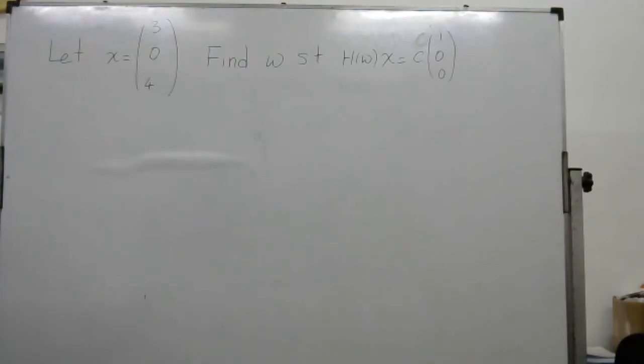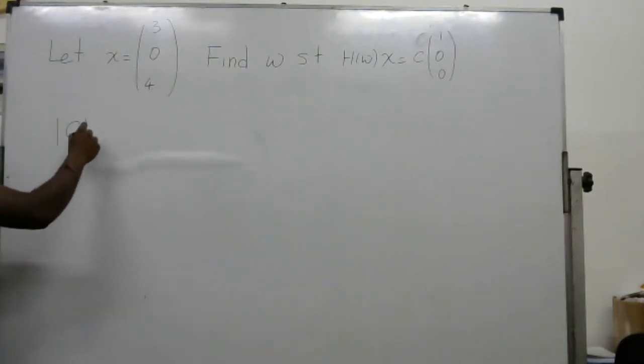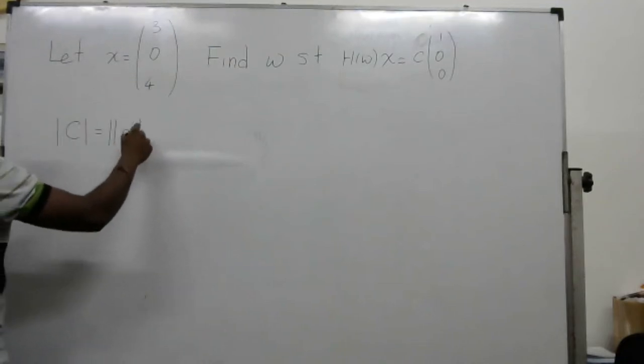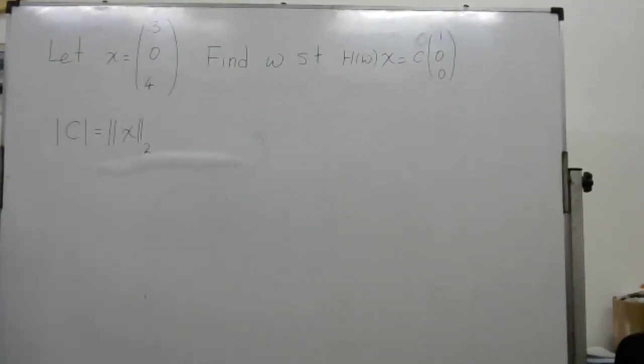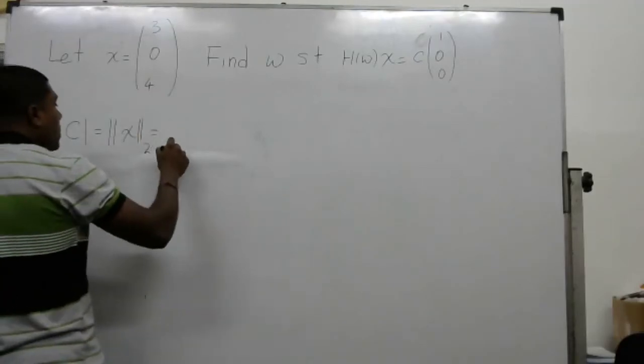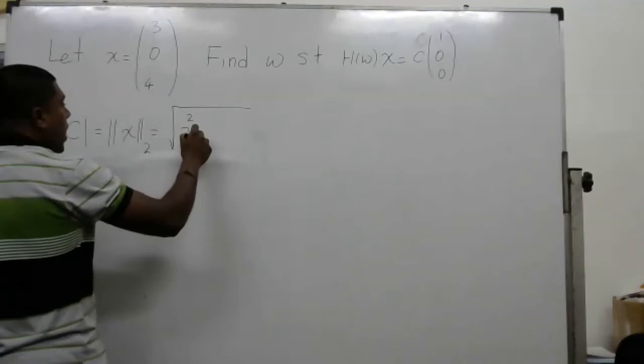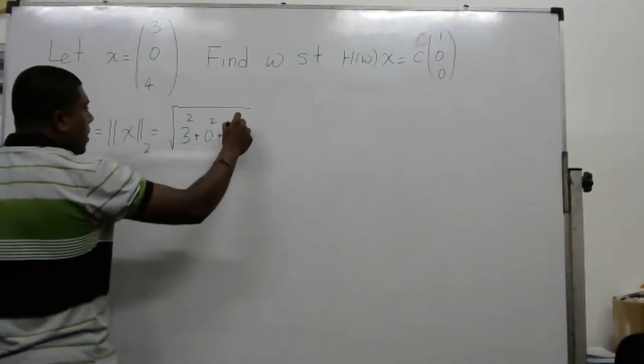The first thing is you need to find what should be the c. As a consequence of the theorem we studied in the last class, the absolute value of c is equal to the 2 norm of x. So you can find the 2 norm: square root of 3 squared plus 0 squared plus 4 squared.